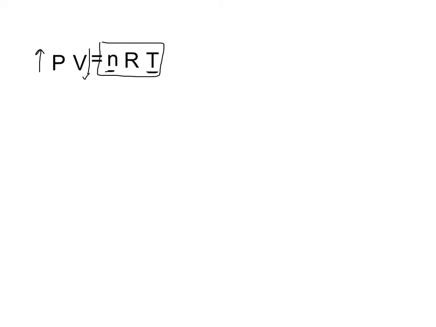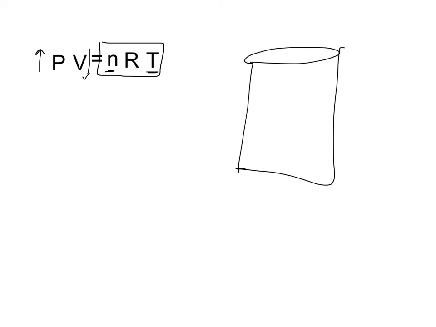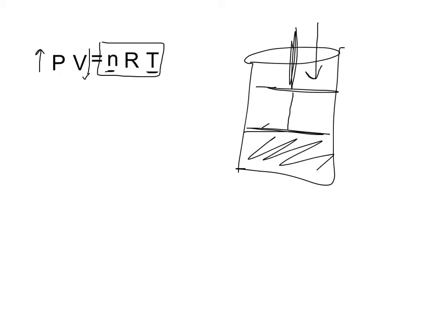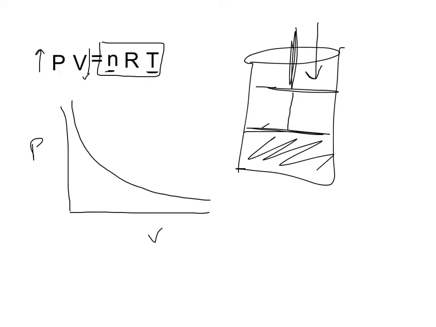If you take a gas and apply more pressure to it, it's going to get smaller. As you squish a gas, it gets smaller. It's kind of like duh. So as you get more pressure, your volume gets smaller. That's an inverse relationship, and on a pressure volume graph, an inverse relationship looks like that.